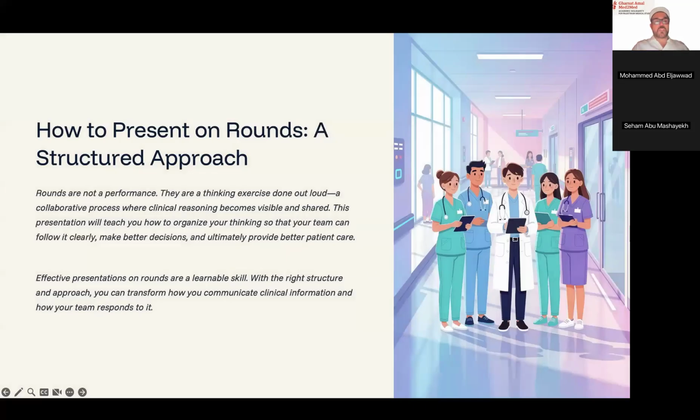So how I want to do this is a structured approach. A lot of times when we start to present, we have a few things that make us anxious. And those things are mostly because we feel like what is expected from us is to be perfect, to know everything عن ظهر قلب, to be very much structured.